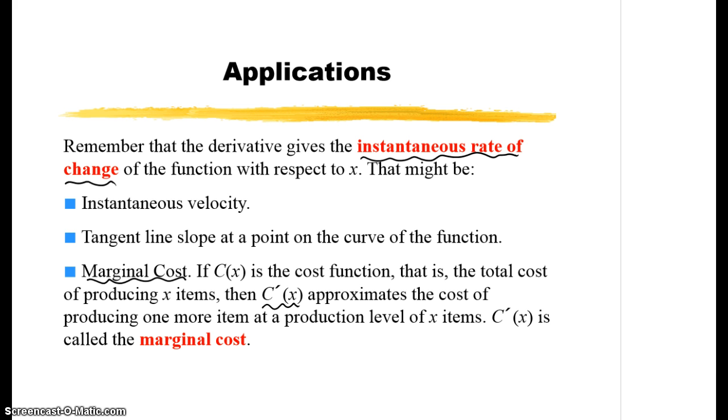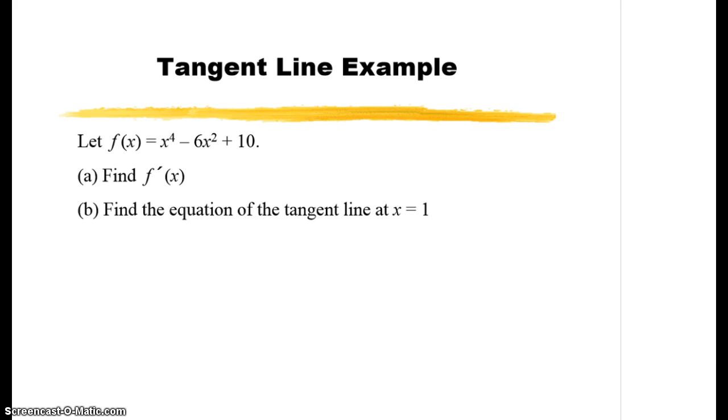So if you're producing 10 items, and you know what the cost of that is, C prime of 10, the derivative at 10, will approximate the cost of producing the 11th item at a production level of 10 items. Keep that in mind. So C prime is called the marginal cost, and we'll look at some examples of that.